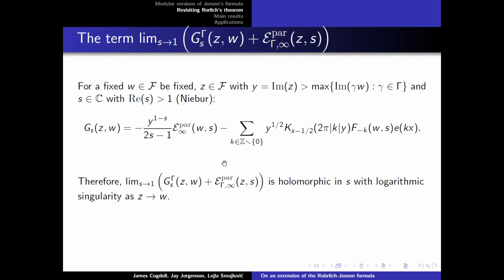And once the parabolic Eisenstein series is added, then basically this function is holomorphic in s with a logarithmic singularity as z tends to w. So this is the term which is our prime form.